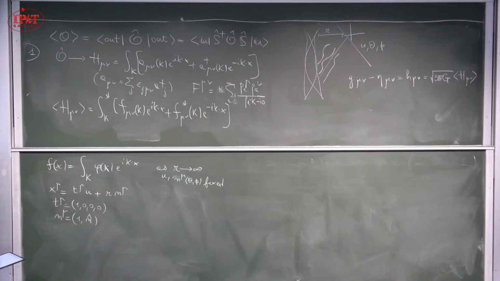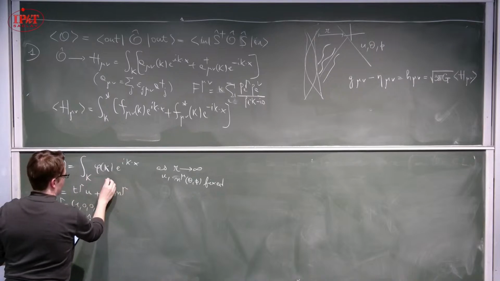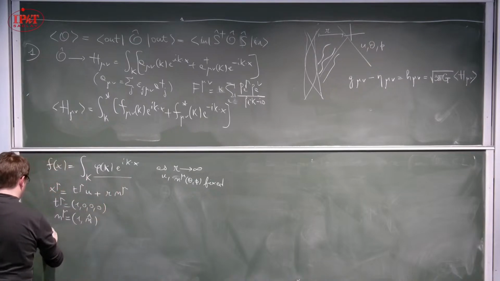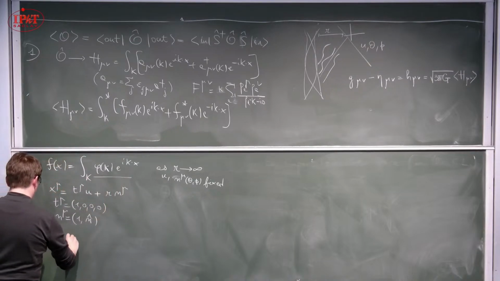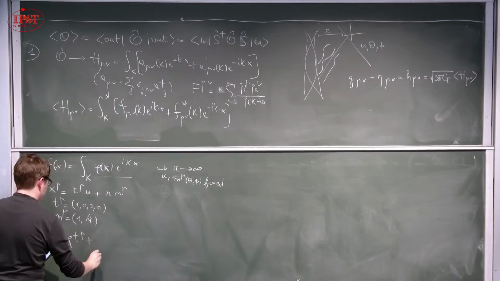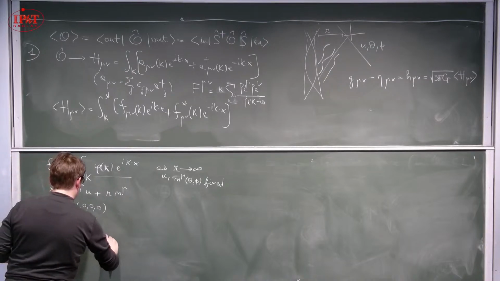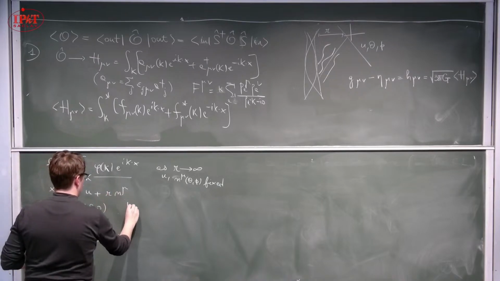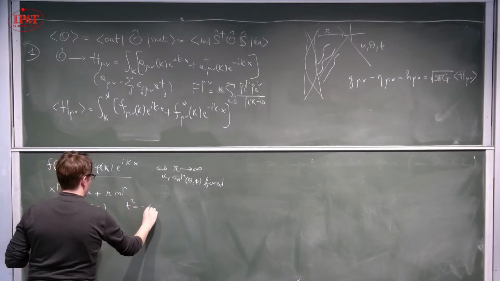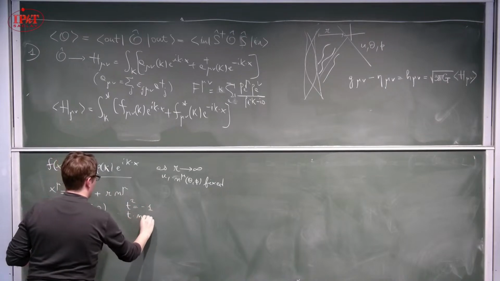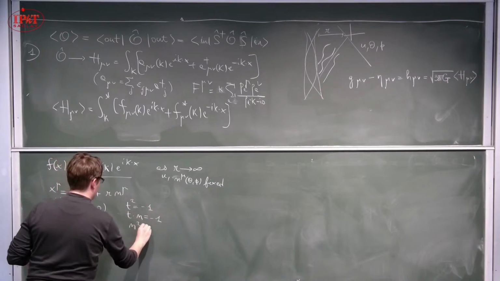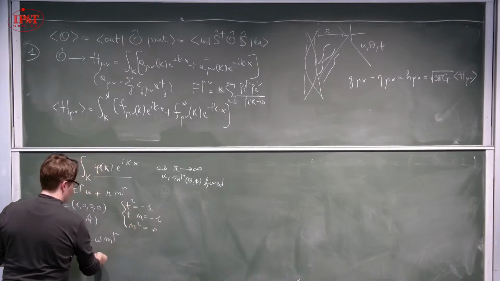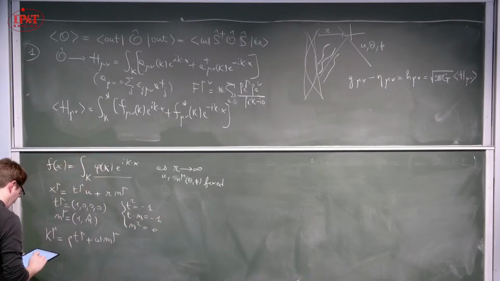The idea is to introduce a similar decomposition for the integration variables, k mu equals rho times t mu plus omega times m mu, which should satisfy the same properties. In particular, t squared is our time direction, t dot n is equal to minus 1, and n squared is equal to 0. The same condition should be satisfied by m as well.